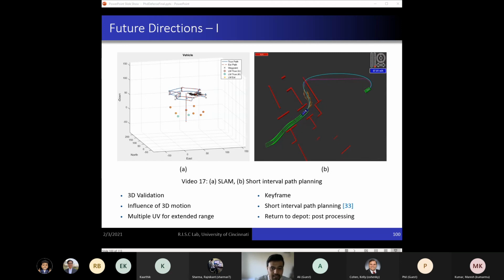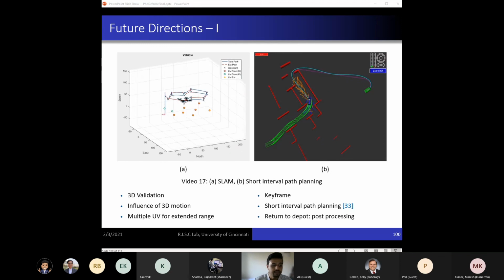To build approximate maps like the downtown public map or the highway maps or basically the subway or the bus tour maps, we can utilize node-to-node localization and travel using a keyframing technique. As shown in video 17B, we can perform active short interval path planning to navigate without any prior information.